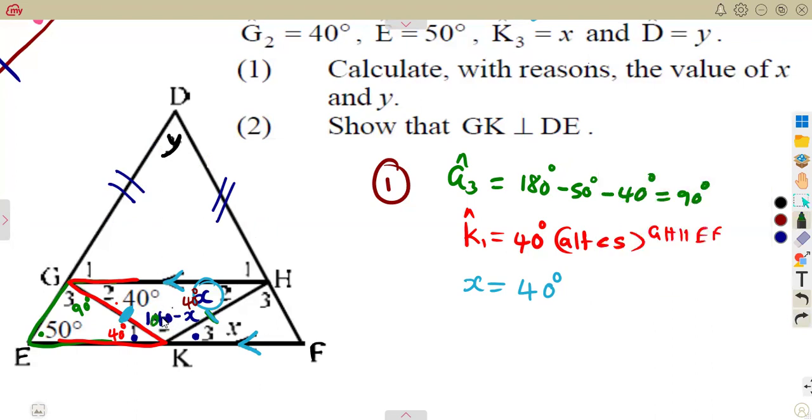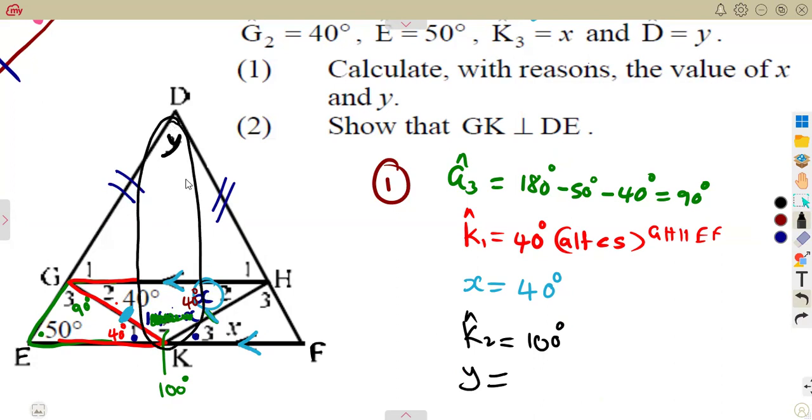All right, then to calculate the value of y, we can use the concept. Remember, we already have this part as 140 degrees minus 40, which I said is 100 degrees. So it means K2 is 100 degrees, all right? If K2 is 100 degrees, it's going to help us to calculate angle Y, because we understand that these ones must add up to 180 degrees.